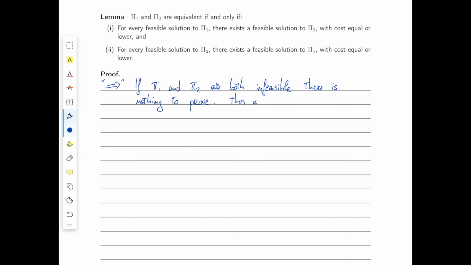Thus, we now assume that pi1 and pi2 have the same optimal cost.